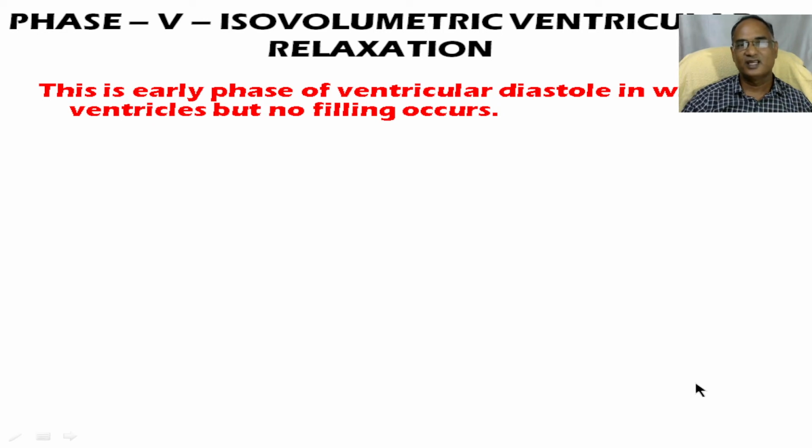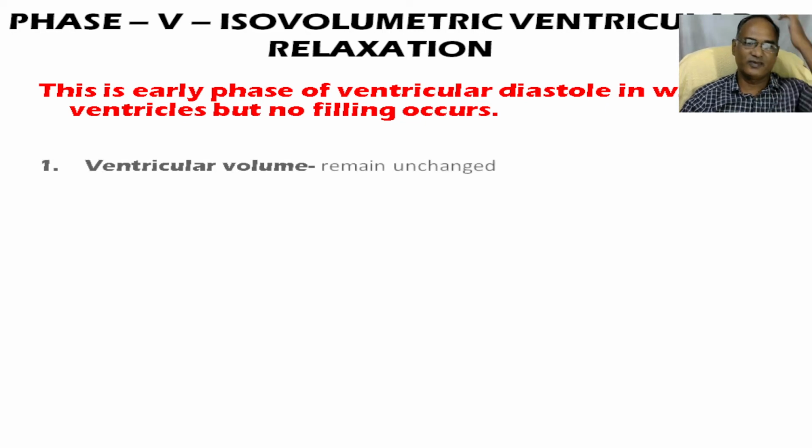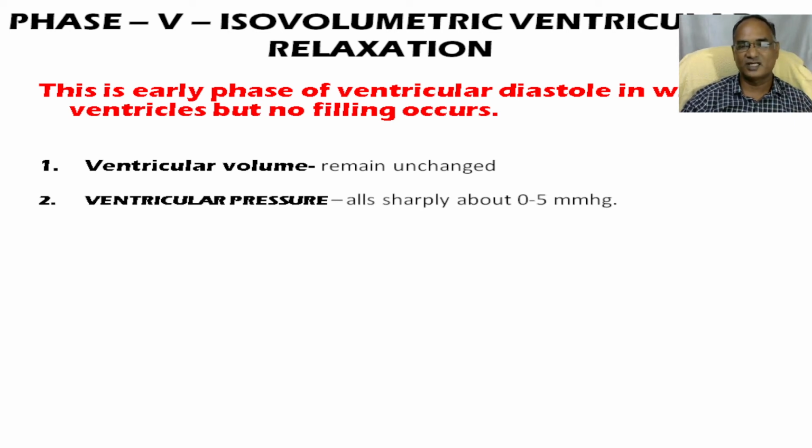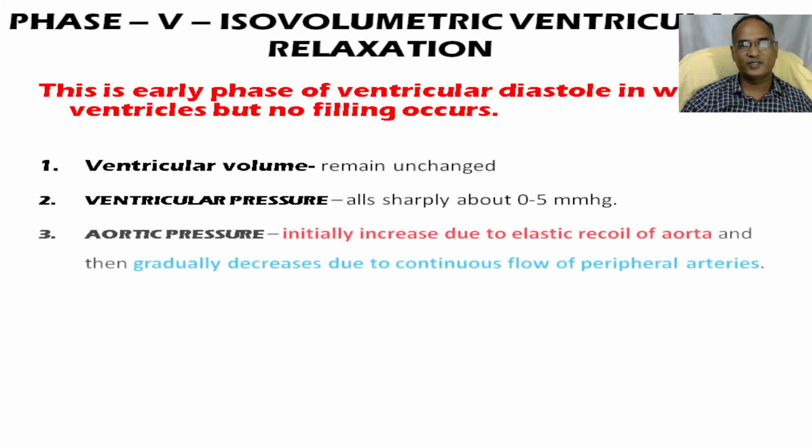In this phase, the volume will be the same, ventricular pressure is reduced, and there is no filling of blood. So blood volume will remain the same. Ventricular volume remains the same, and ventricular pressure is sharply reduced by 5 mmHg, and aortic pressure initially increases due to elastic recoil.